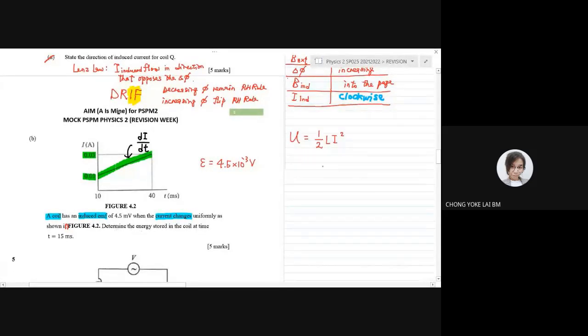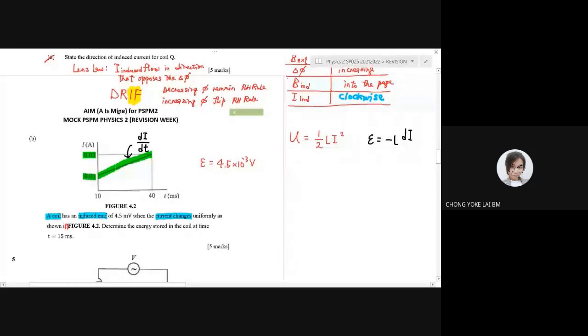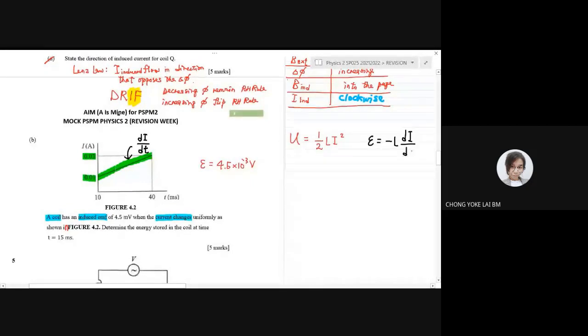So, kita nak cari energy stored. So, kita perlu dapatkan L, kita perlu dapatkan I. So, macam mana nak cari L? Kita boleh gunakan EMF induced lah. Whereby we have equation EMF induced is negative L di over dt.